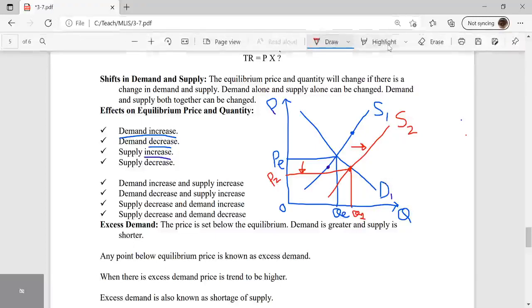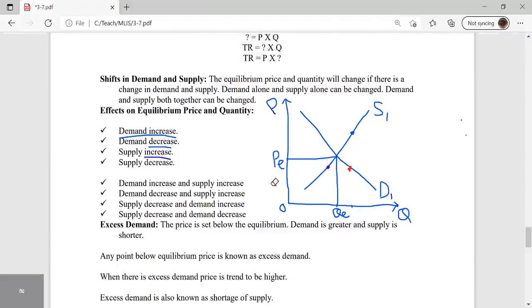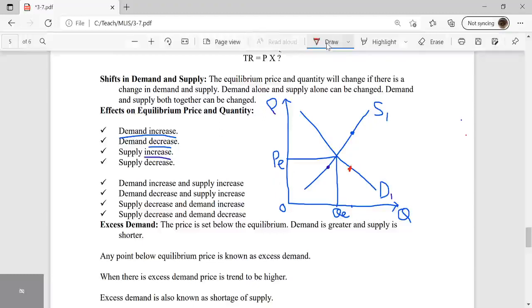Now the last example: what will happen to the price if the supply decreases? For example, natural disasters, suppose a flood.